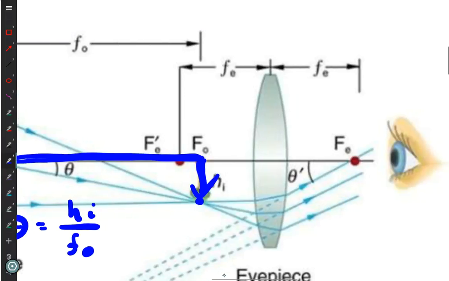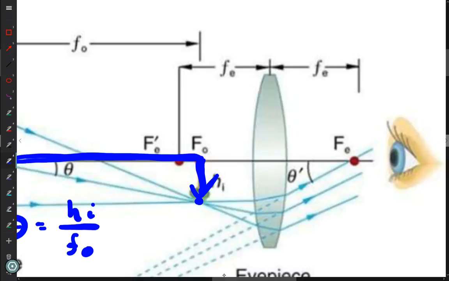But the angle it makes with the telescope is, this picture is very confusing. Here's the angle it makes with the telescope. What's this distance going to be?